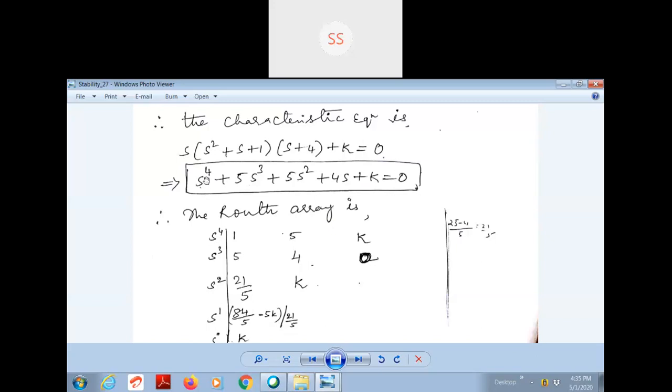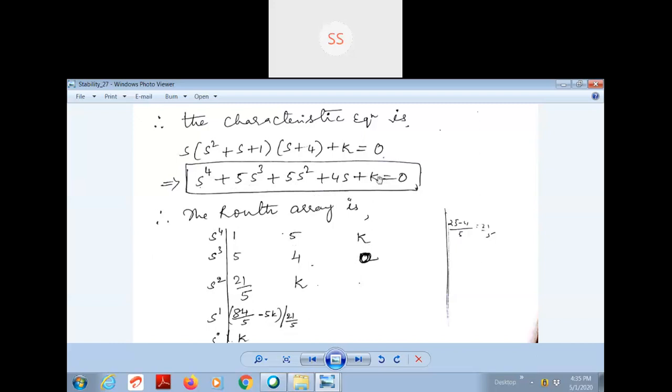So compare this equation with our standard equation, a naught s to the power of 4 plus a1 s cube plus a2 s square plus a3 s plus a4 equal to 0. So a naught is 1, a2 is 5 and a4 is k.